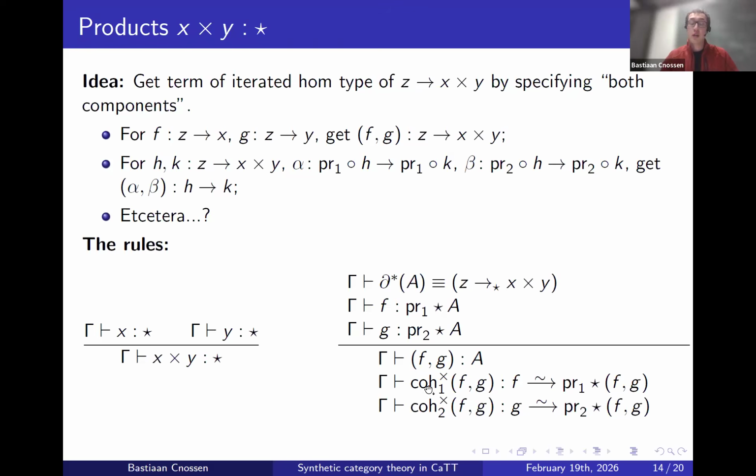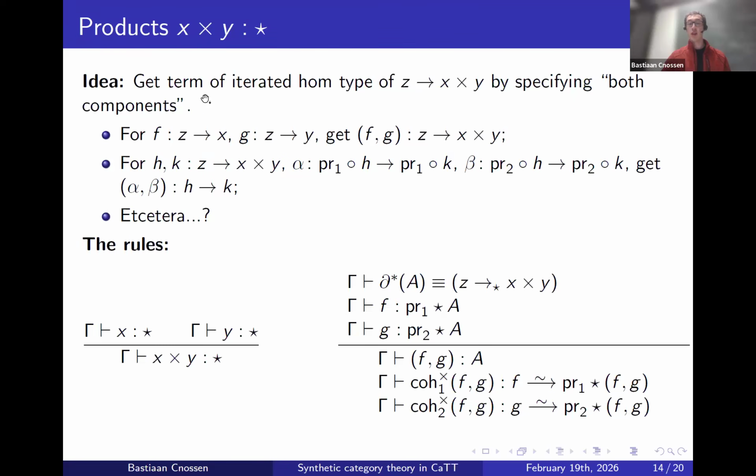And then we also need coherences that ensure that the first component of F comma G is F, and the second component of F comma G is G. And the base two cases of this rule are written out at the top.